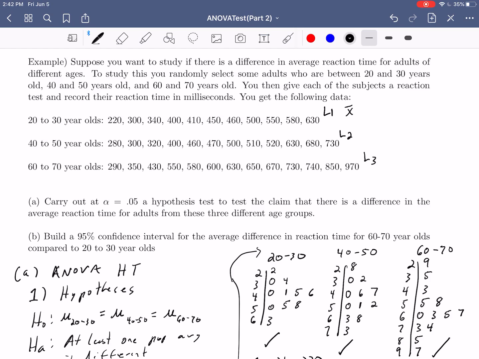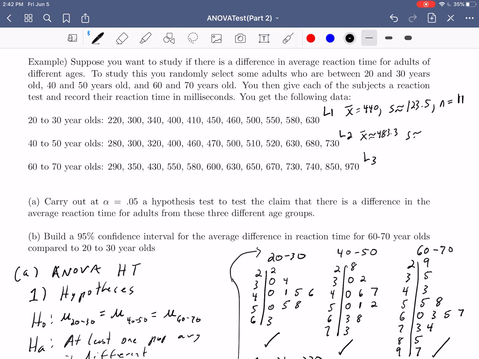So we can see that the X bar for this group is 440. The sample standard deviation is approximately 123.5, and it looks like we had a sample size of 11 20 to 30-year-olds. Then you can do your one var stat, but now applied to L2, and you can see that the average for the 40 to 50-year-olds was approximately 483.3.